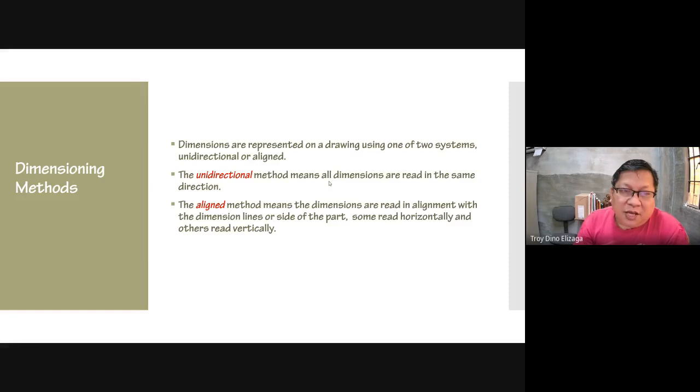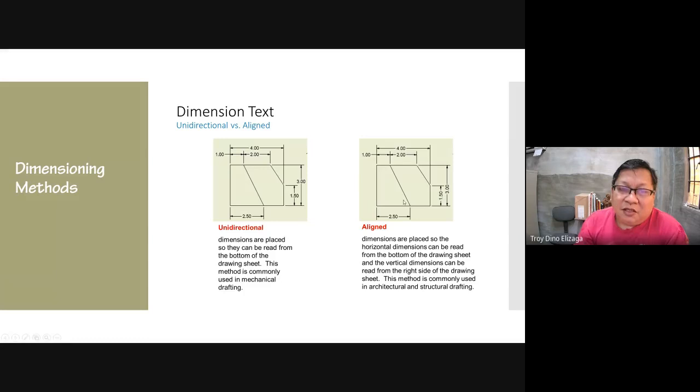So there are two types of dimensioning, which we actually saw already, but we will discuss here. Unidirectional and aligned. So what do these mean? Unidirectional means that all the text is oriented one way, all horizontal.